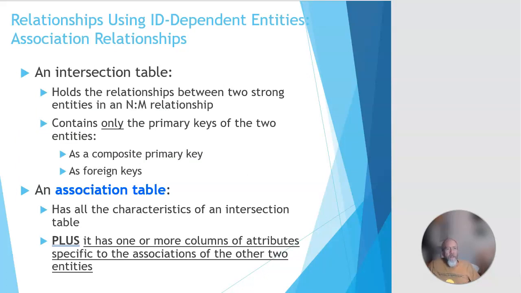Okay. Now, the intersection table contains the two foreign keys, which are the primary keys of what they are pointing at. You can put them as a composite primary key, and they can still be foreign keys. Okay.